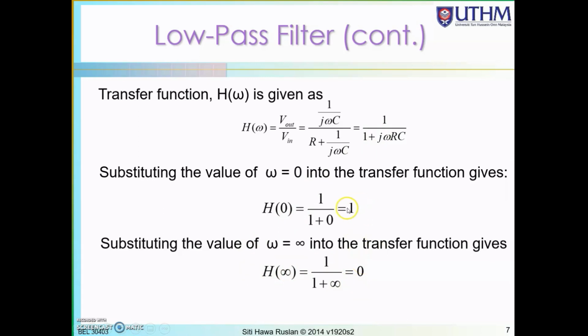So the maximum gain is 1 at low frequency, but at a very high frequency the gain is 0. This shows a low pass filter characteristic.